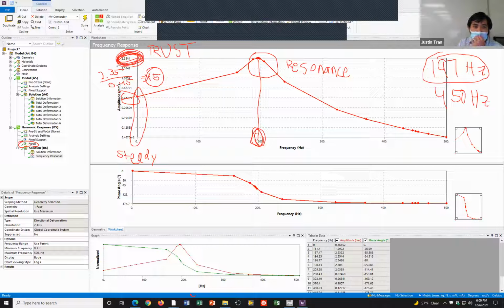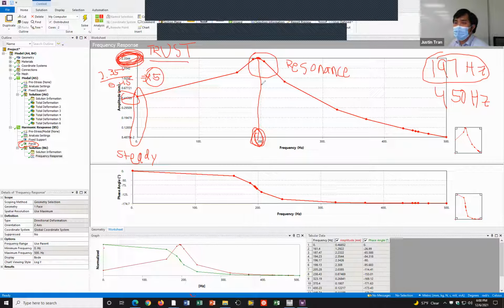And so the 100 newton force is forcing the bike crank to displace or deform by 2.35 millimeters. When you perform harmonic response analysis and you actually apply real values of the load, this is what you can expect.